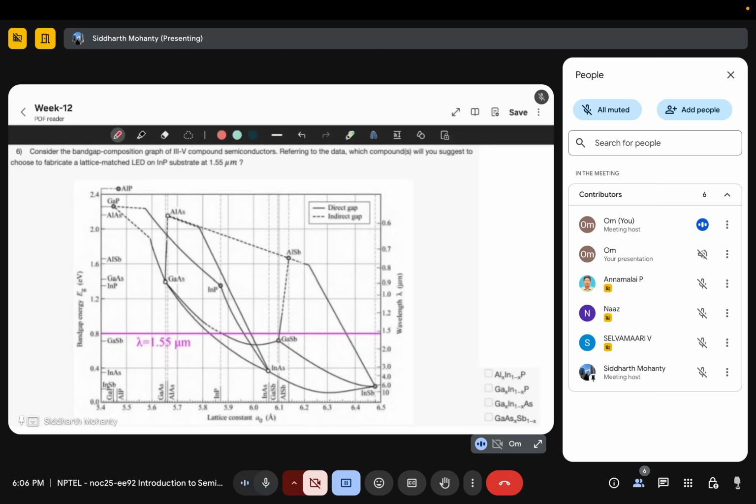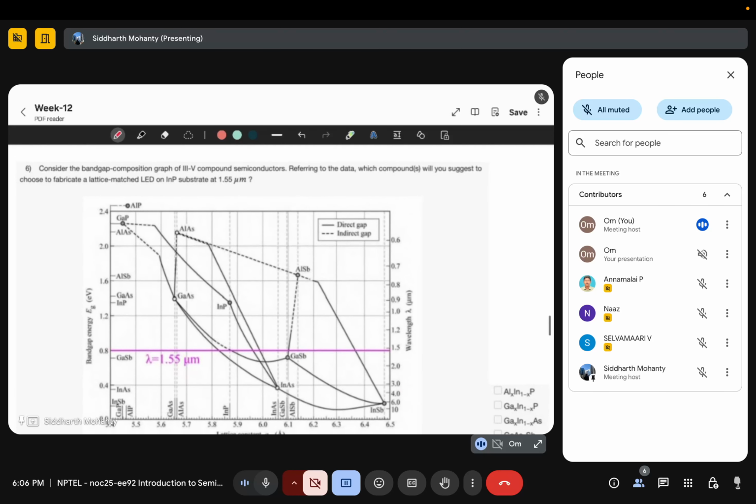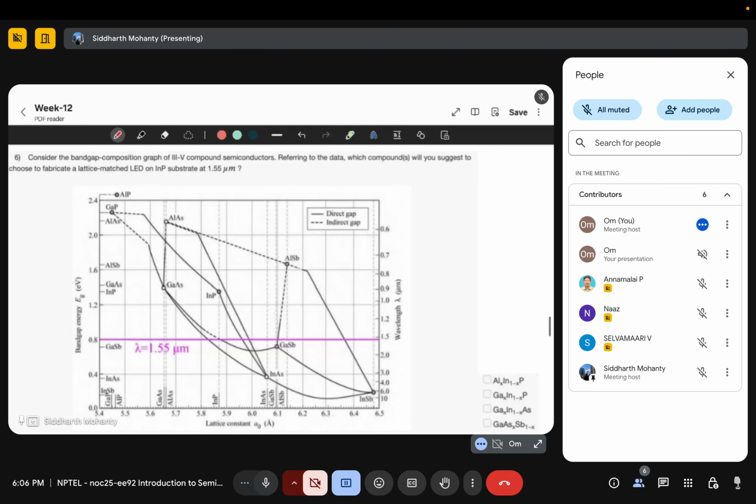Okay, so let us see this question. The question says, consider the bandgap composition graph of compound semiconductors. Referring to the data, which compounds will you suggest to choose to fabricate the lattice matched LED on InP substrate?